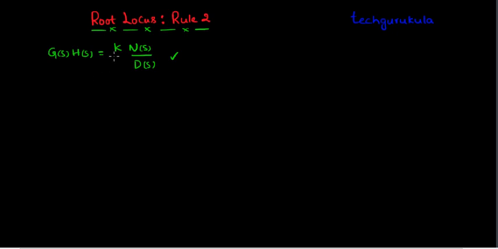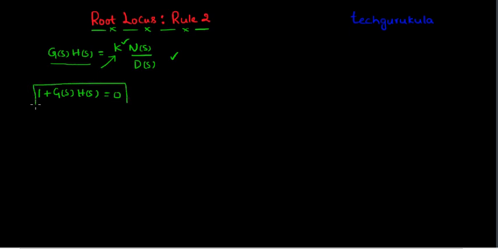Now the parameter to vary in order to see the roots of the characteristic equation is k here. So now we are going to see the roots of the characteristic equation. If you're given an open loop gain like this, G(s) times H(s), the characteristic equation is 1 plus G(s) times H(s) equals 0. This is the characteristic equation, right?